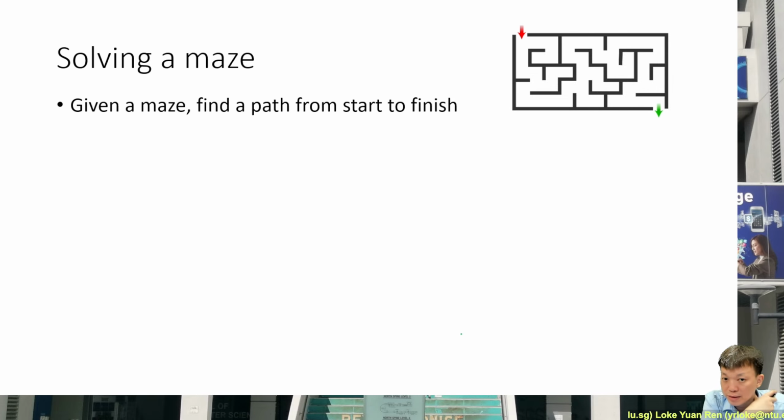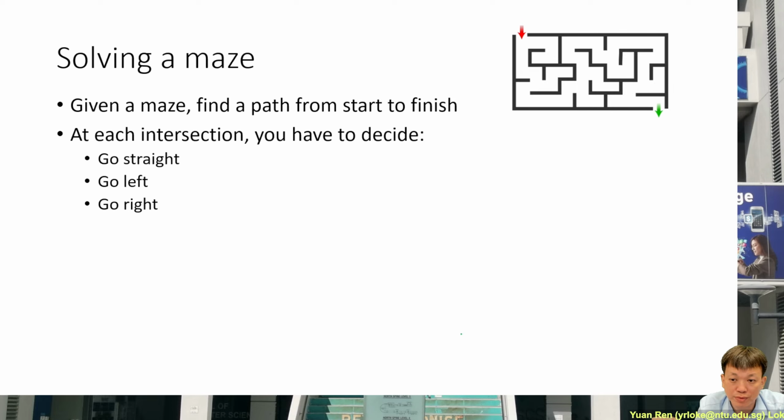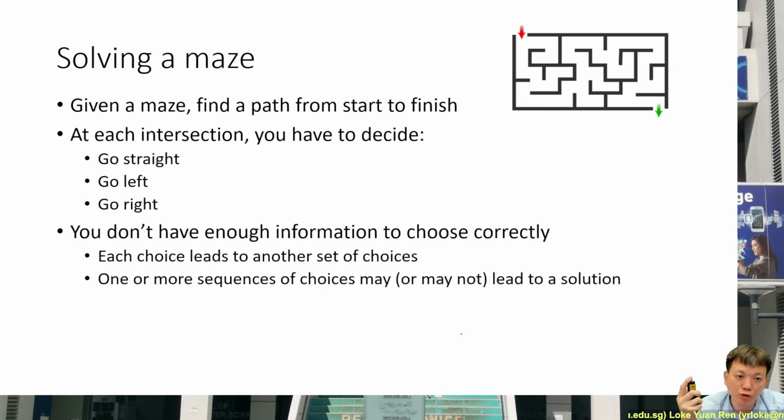Then you can choose to use this backtracking strategy. Of course there's a limitation for the maze: in this particular example you can move straight, you can turn left, you can turn right, and of course you can move back. Let's say the maze is so huge that you won't be able to use your naked eyes to find the solution.